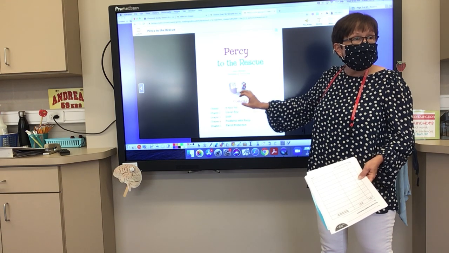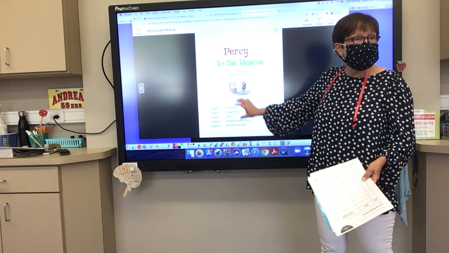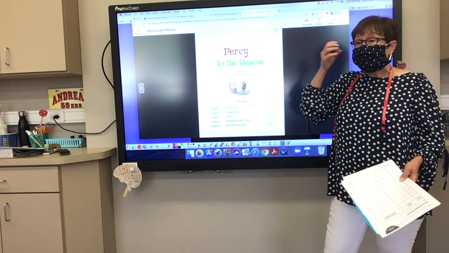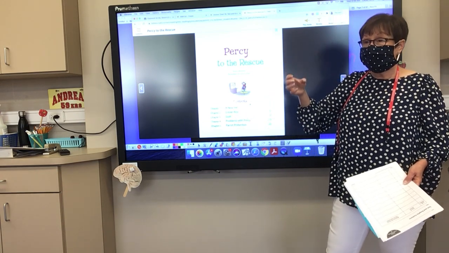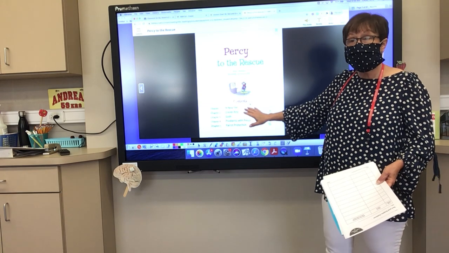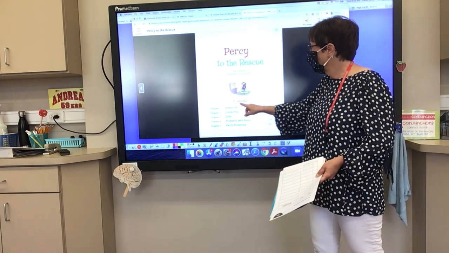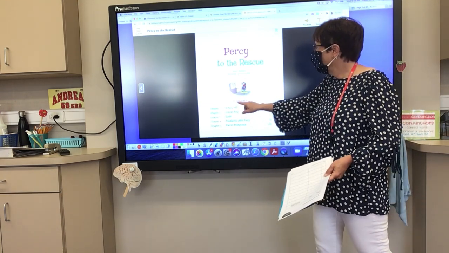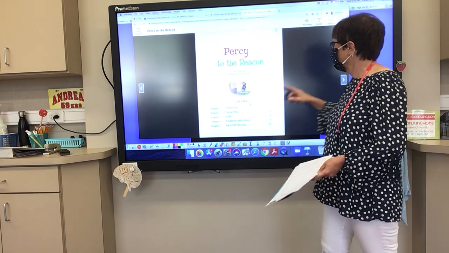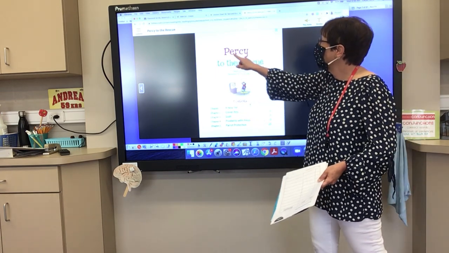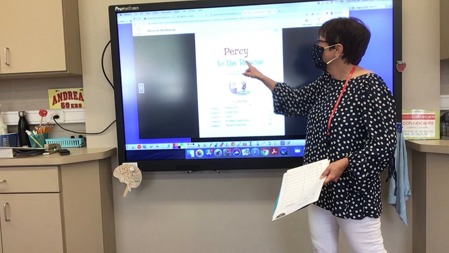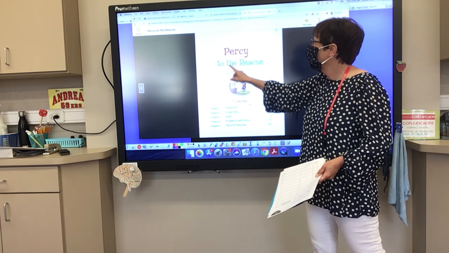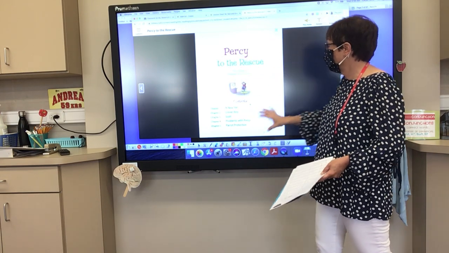It's in red, it's bigger than the other words on the page. So it stands out. Is everybody noticing how that stands out for us? So we can notice that right away: red, bigger than the other words. And here also in the title, Percy to the Rescue, it's in colored print. It's bigger than all the other things on the page.